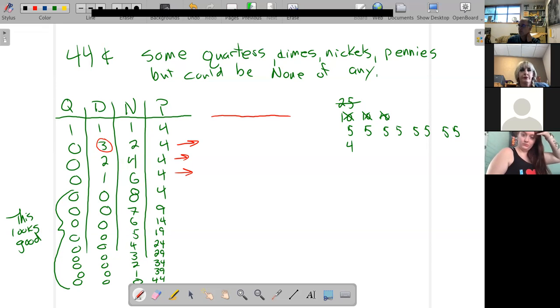So from that step, quarters, dimes, nickels, pennies, we're holding 0 and 3, and then we're going to mess with the nickels. The next one would be 1, and I'd have to bump up the pennies 5 to 9 pennies. Does that work out right? That gives me 30 cents, 35, and 9 is 44.